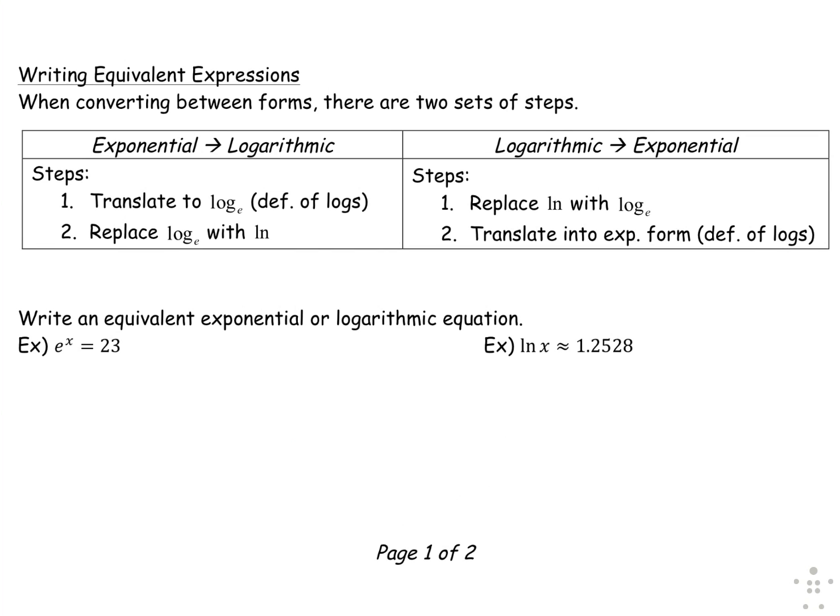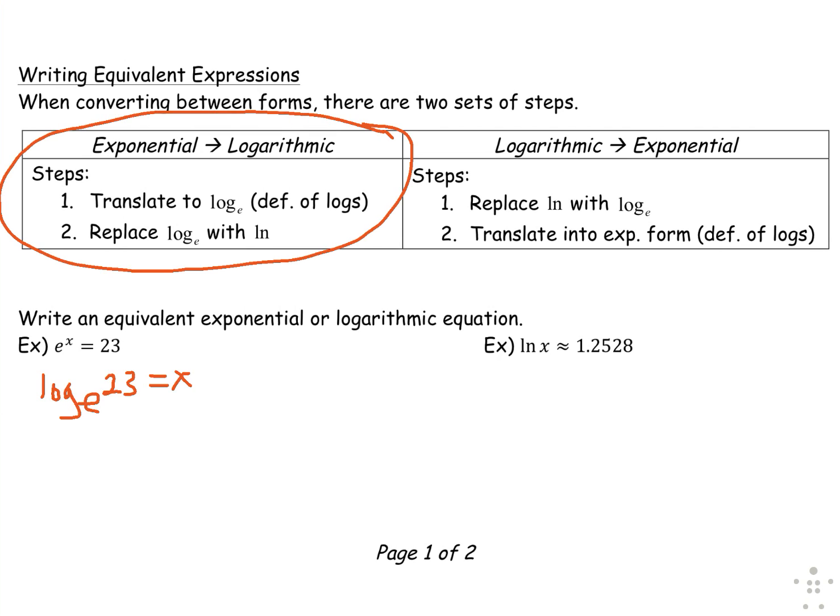So e is the base here in this first example, so I go log base e, and then swap the exponent with the result. So log base e of 23 is equal to x. Now I am showing every step, and whenever you have log base e, there is a definition for that. So I am using this first column when I'm going from exponential to logarithmic.